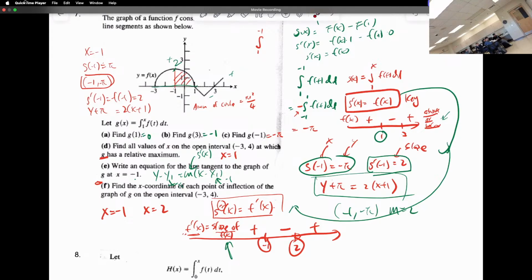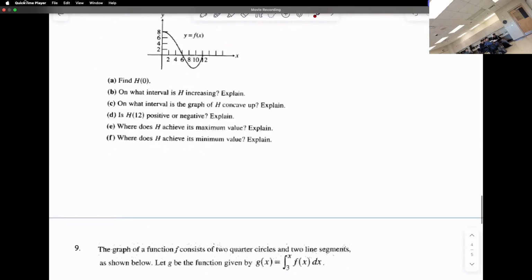Now, if they ask you to justify the point of inflection, you're going to say g double prime of x changing from positive to negative at negative 1 or from negative to positive at 2. Also the same as f prime of x changing. So they can ask you that.